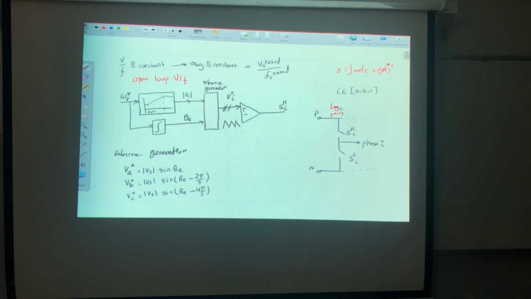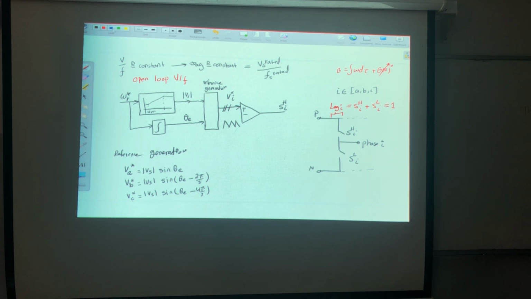So leg I, this will be leg I. And we know that for any leg, the summation of all the switches in the leg must be 1, otherwise I will create a short circuit. So this means that for leg I, the upper switch of the leg plus the lower switch of the leg must equal 1.